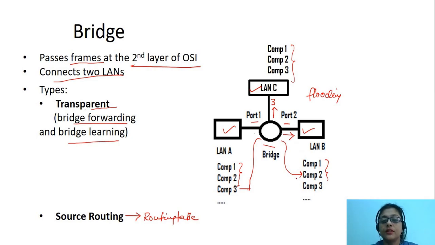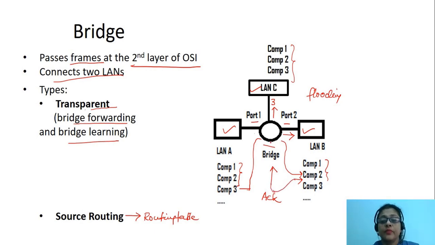So it forwards the packet and computer 2 receives the packet. Now, when computer 2 receives the packet, it has to send an acknowledgement control signal to computer 3 of LAN A. So it sends that acknowledgement packet to the bridge. It goes from LAN B to the bridge.